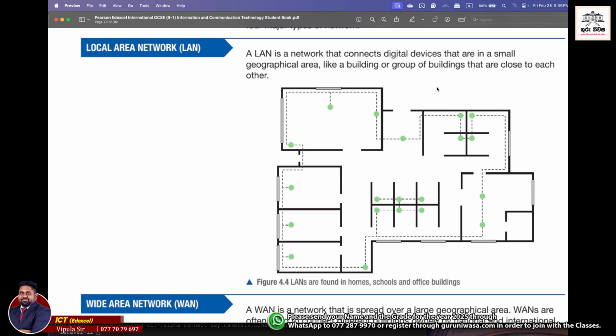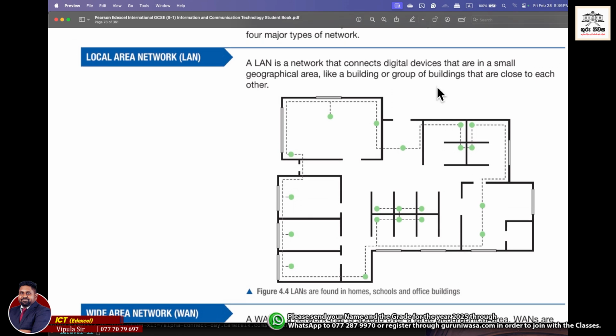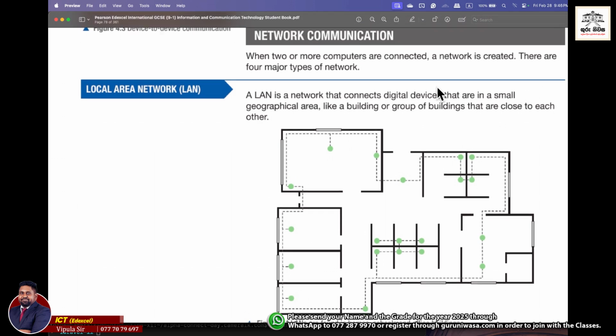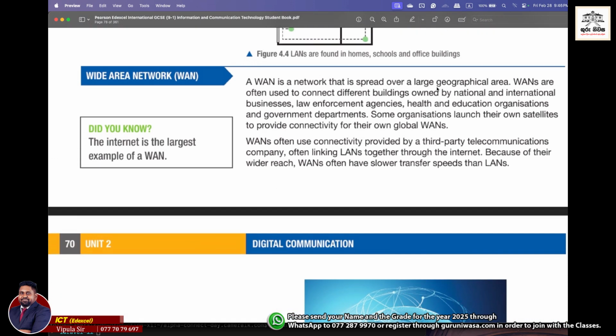Okay, so I hope you guys got the idea. And then we talk about wide area networks. So a wide area network is the same concept, but it is spread over a large geographical area. WANs are normally used to connect buildings or different types of, let's say, businesses or institutions together.